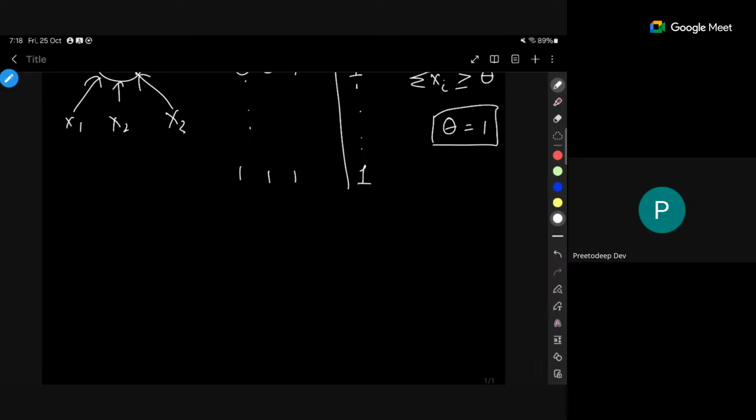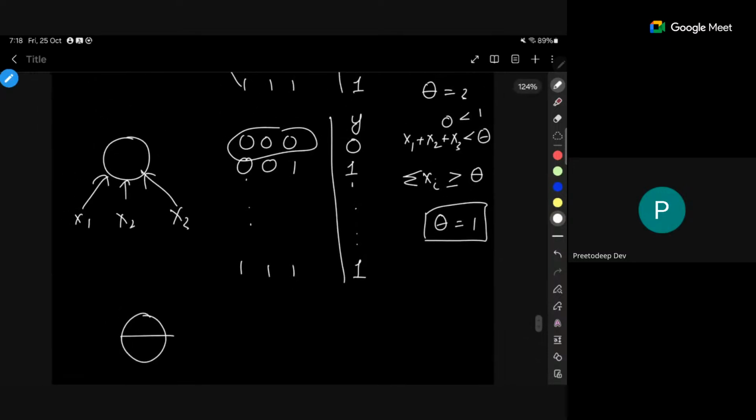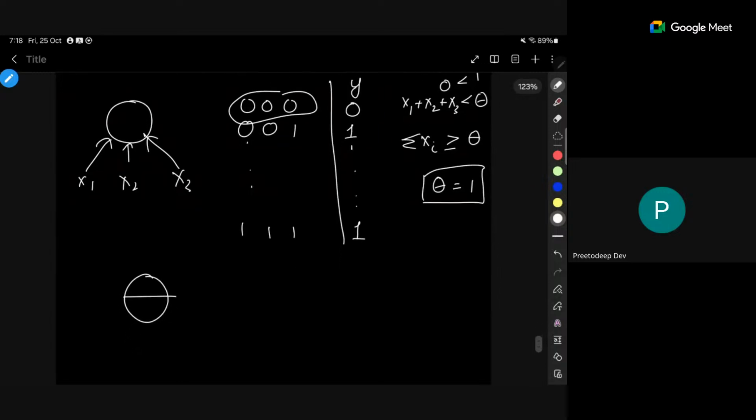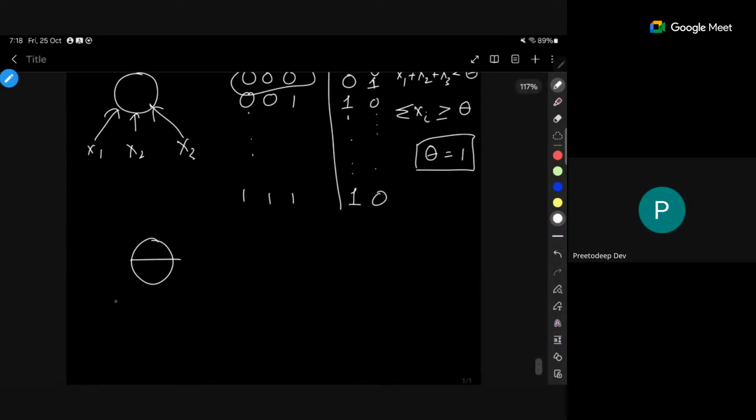So then what is the NOR function? If we see the NOR function, how will I make it? I want the opposite of OR. So NOT of OR, if I write x1 bar, then I want 1 here, but the rest should all be 0, right? That's what NOR is. So how will I do that?